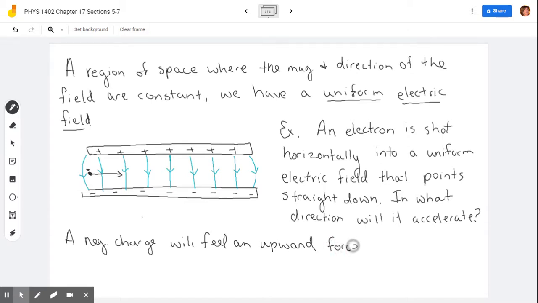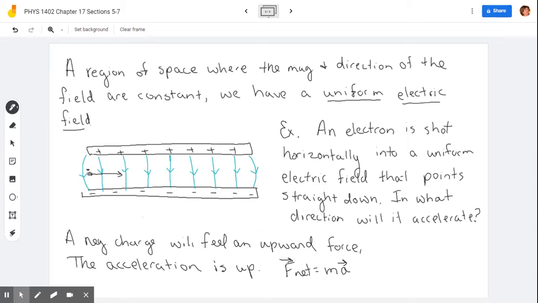The field points down, but the electron will feel a force upward. If the direction of the force is up, then the direction of the acceleration is up. Why? Newton's second law. The net force is mass times acceleration, and they point in the same direction.